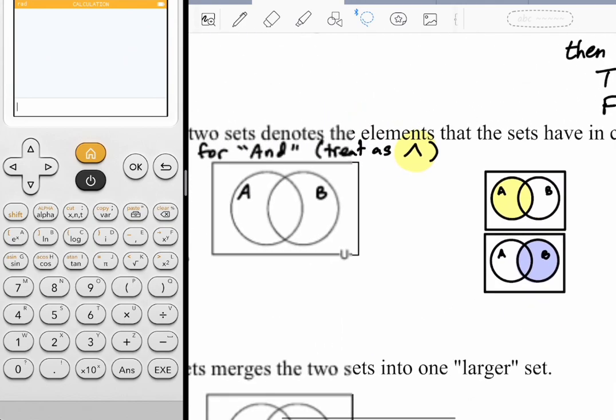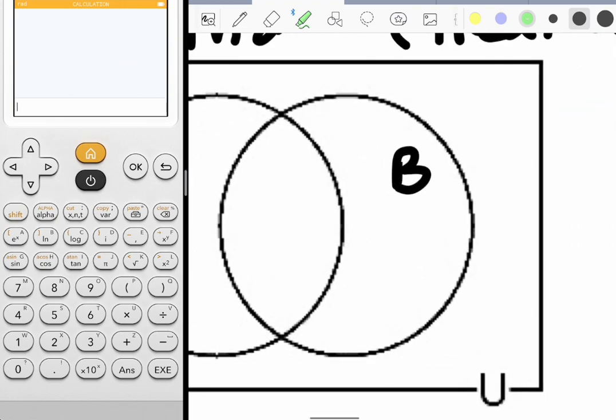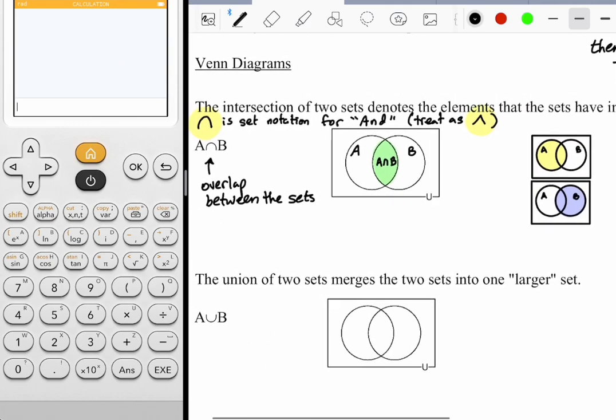When you put it all together, really the only area I'm interested in is the part that's in this little, well, it's not an ellipse, but like sideways Stewie's head from Family Guy. Ovalish. Only this part is A and B. We call this the intersection.